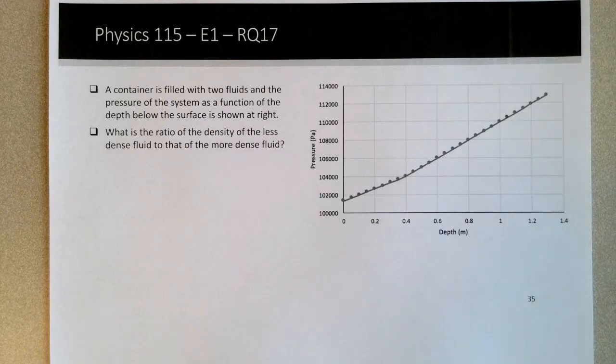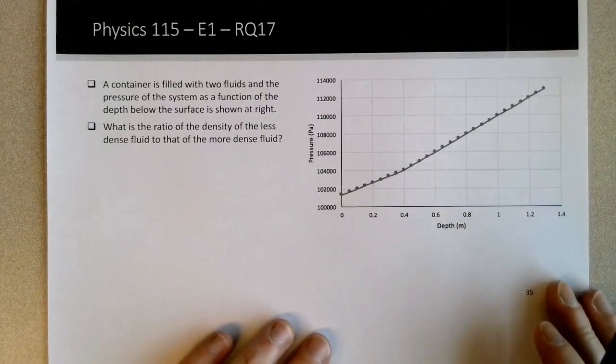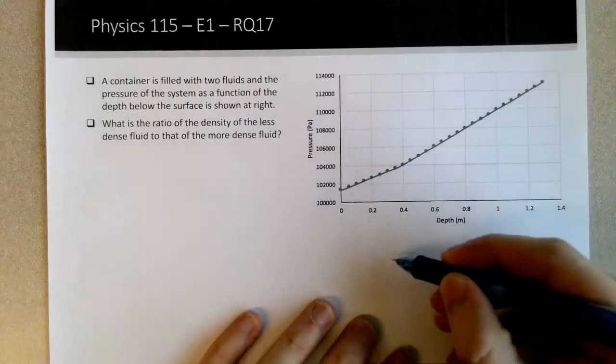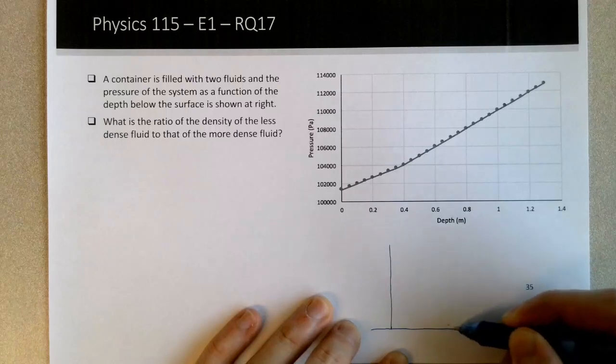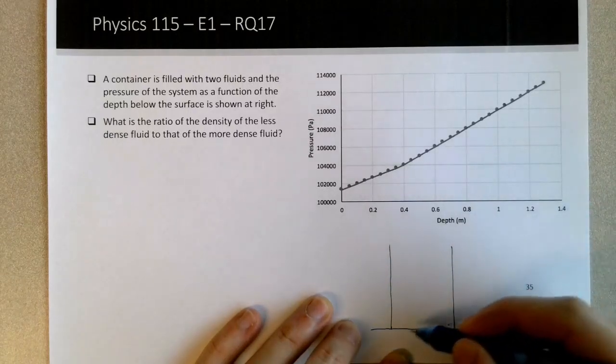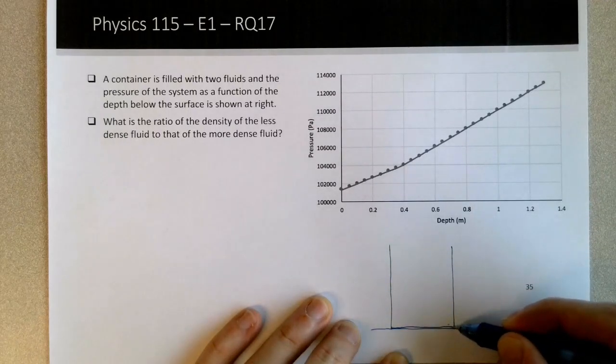It's trying to come up with a slightly different context for a very common sort of problem. So maybe I'll draw. It's reasonably common to have questions where you have a container that has two fluids.